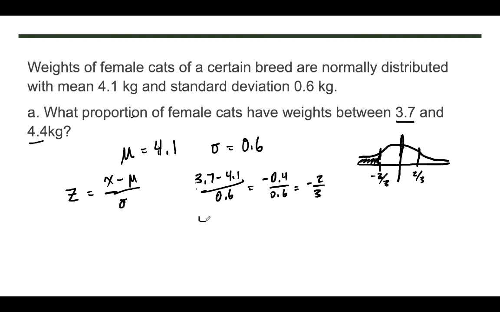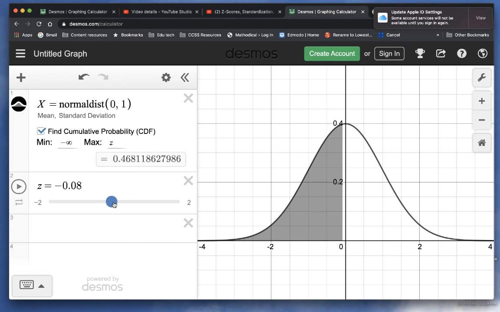Let's also do the z-score for the upper bound. So we do 4.4 minus 4.1 over 0.6. Okay, and we get a nice round 1/2. So a z-score of 0.5.